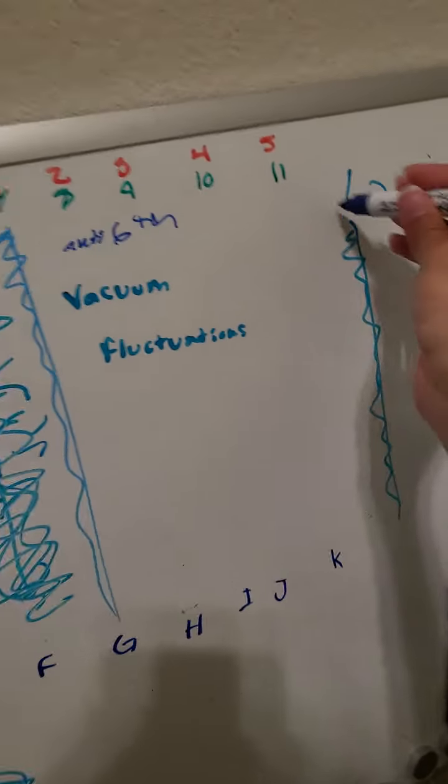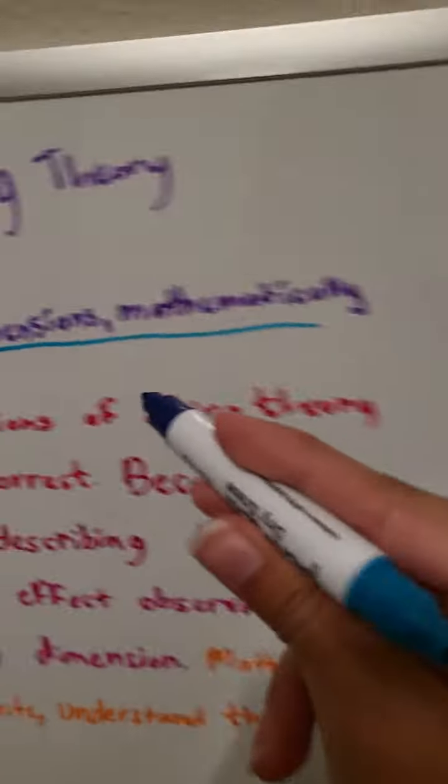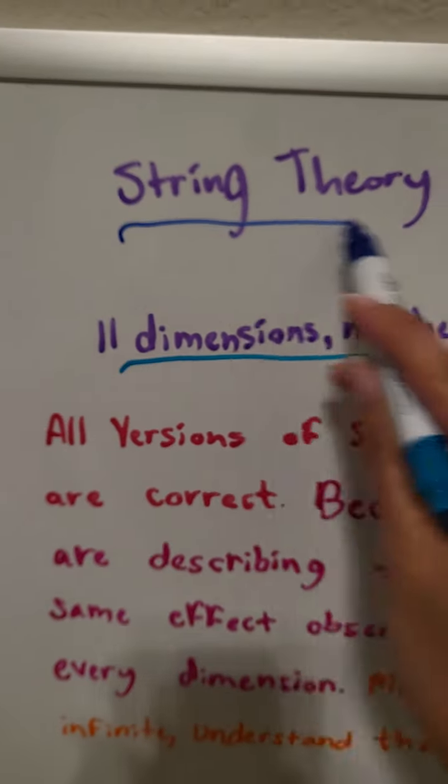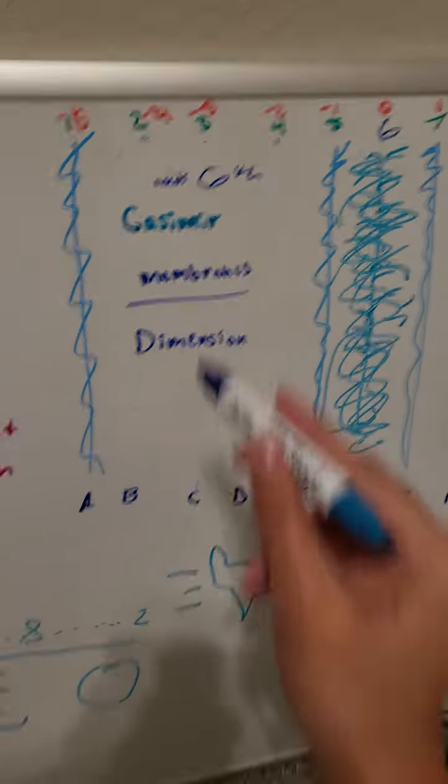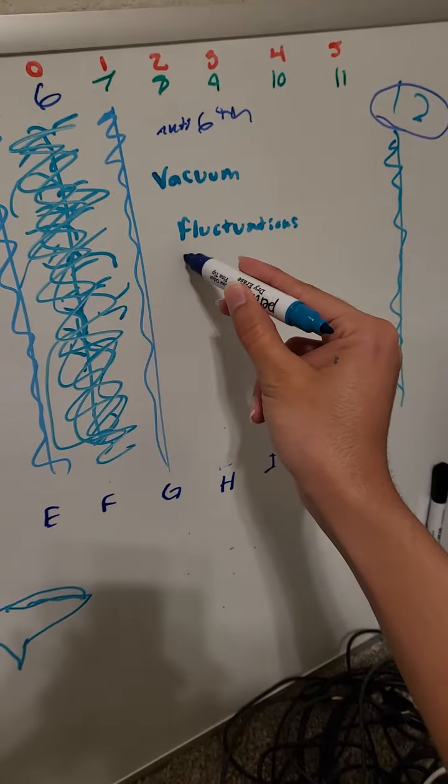I'm saying this is how you understand what 12 dimensions are mathematically if you just keep validating string theory. Because obviously string theory is the fluctuations themselves, the waves.